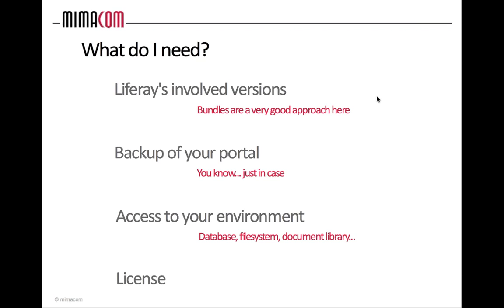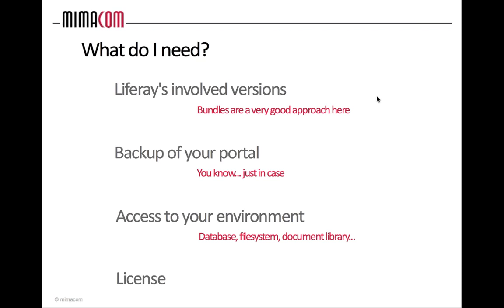And the last thing that we forget most of the time is the license. If we are used to working with a Community Edition, we are not worried about licenses, but with Enterprise Edition, we will need our final license to start working with our portal. We can get to the end of our migration and have success with it, but if we don't have a license and can't deploy the license in our portal, we will not have access to our portal.